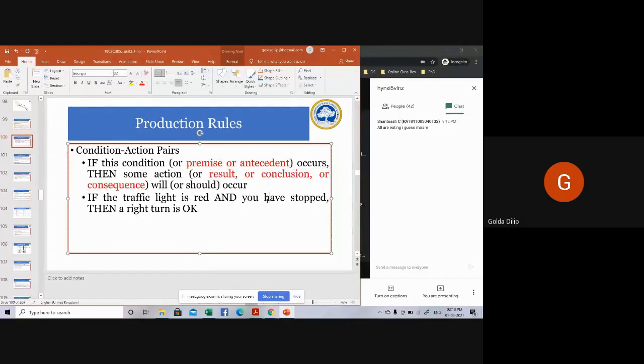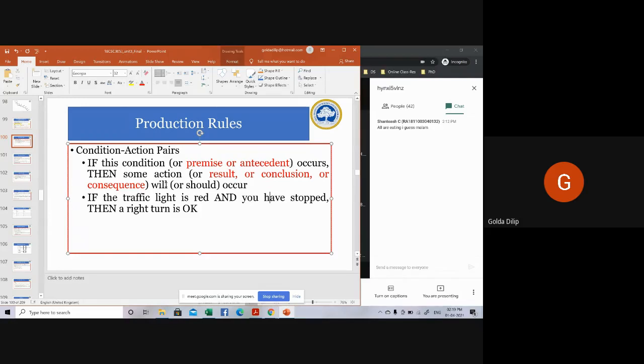So we can call it antecedent, consequence, or condition, result, or premise, results. All these are nothing but your production rules, or action to certain condition, a situation response system.